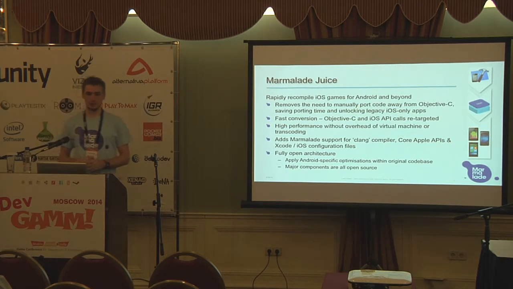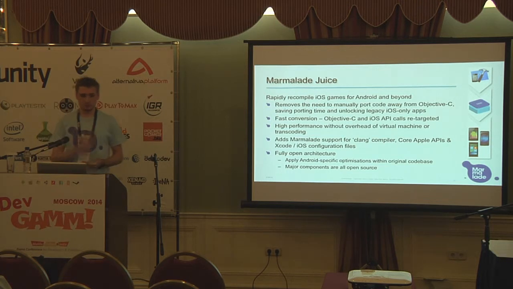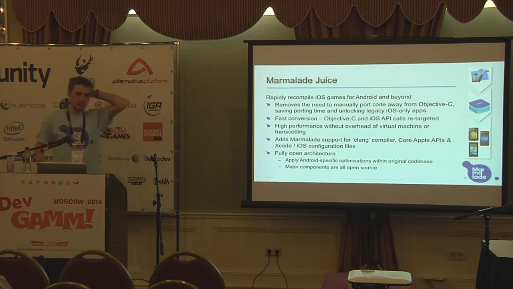When you start developing a game, let's say for iOS, you probably will use the most affordable tools, the most popular tools, because you want them to be supported over time.